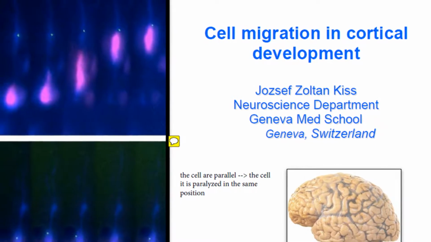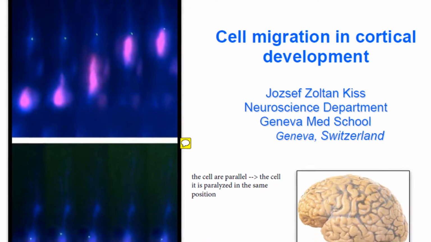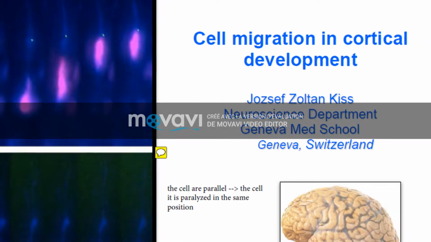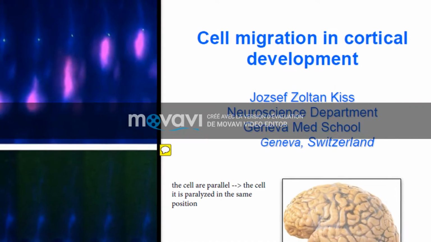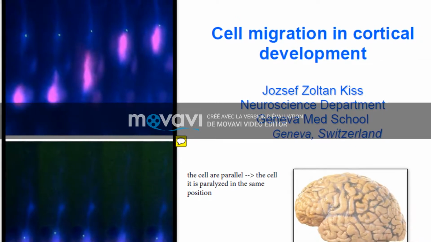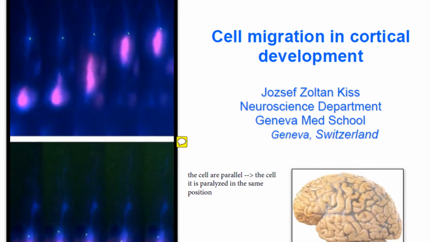How? This fluorescence image shows, for example, the migration I showed in the video. This is the ventricular zone, the cell was multipolar and then became very elongated and migrated along radial glia towards the surface. Good, this is what we have seen already.